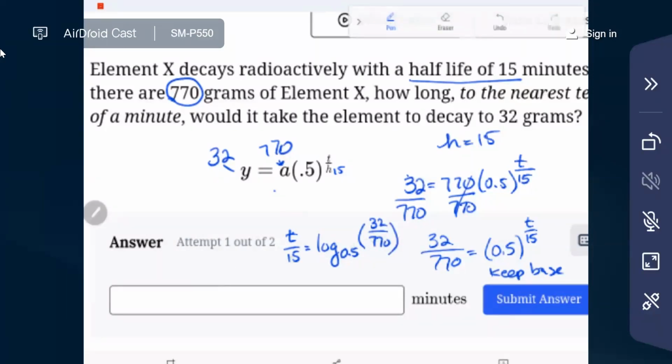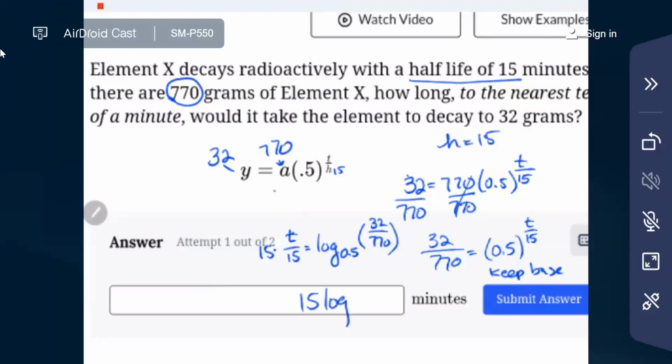All right, and then notice I'm going to have to multiply that times 15. So this is what I'm putting in my calculator. 15 log base 0.5 of 32 over 770.